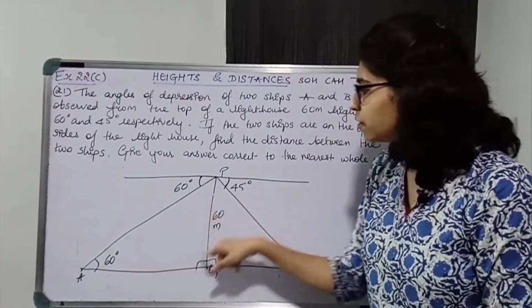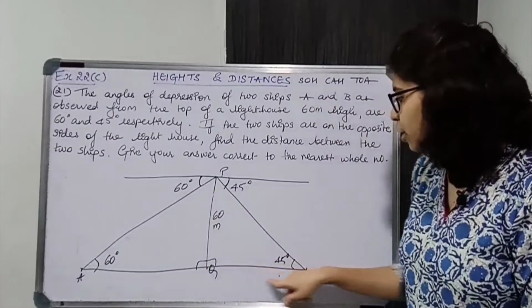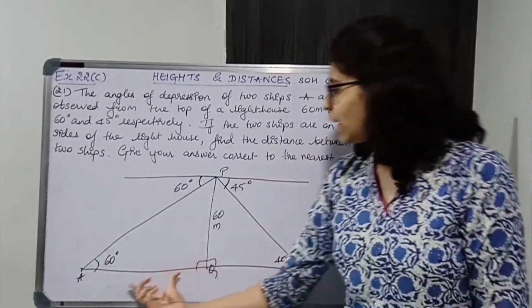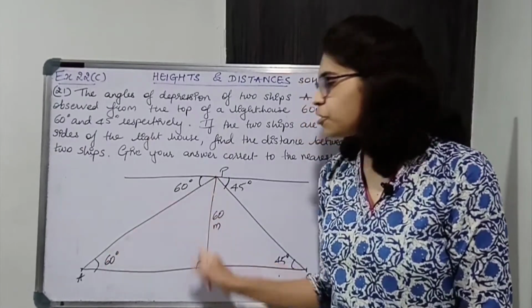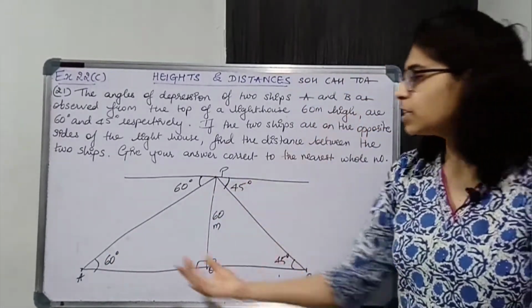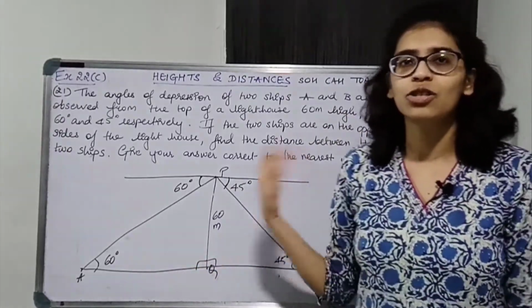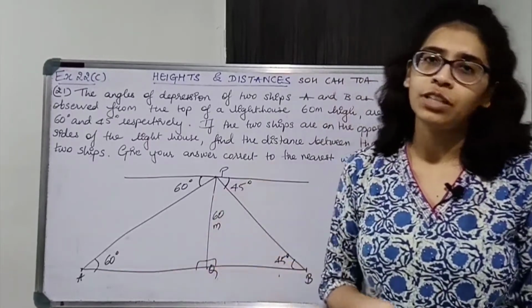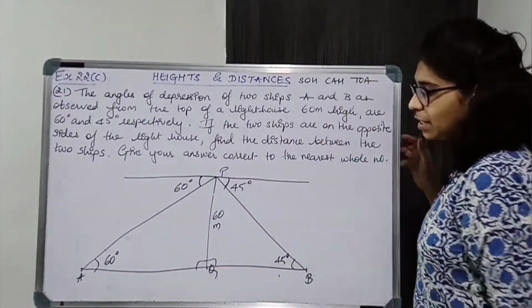AQ is a side of this right angle triangle, QB is a side of this right angle triangle, ठीक है. So AQ के लिए we'll apply trigonometric ratio over here, and for QB we'll apply trigonometric ratio over here. Once you get AQ and QB, just add and you'll get the length AB, that is the distance between the two ships. So it's very easy.